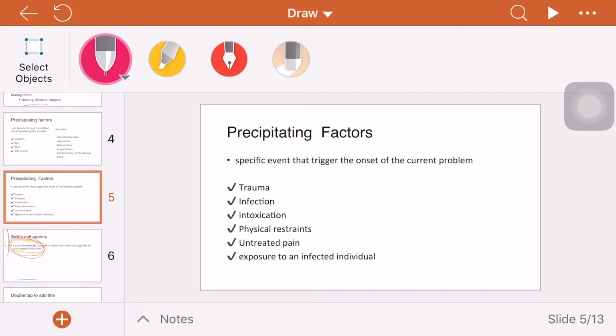Now, once you have these precipitating factors, mugawas na ang disease process or ang onset of the problem or ang imong signs and symptoms. So that's the difference between the two. Precipitating factors, like exposure to an infected individual, require a predisposing individual to exert their effect. So technically, precipitating factors do not influence the pattern of the illness. That's the difference between the two.